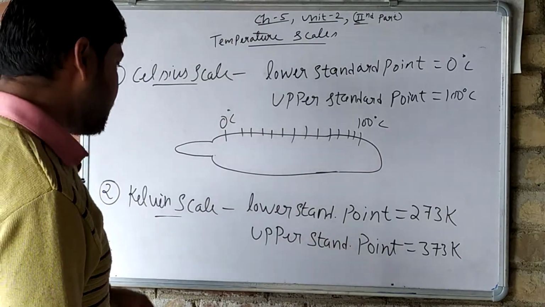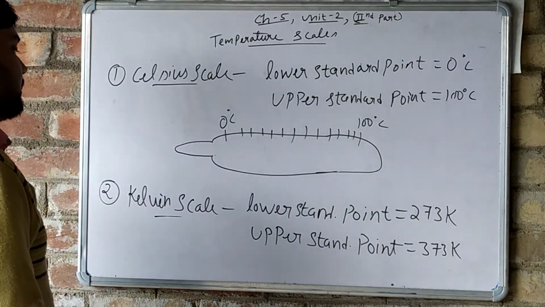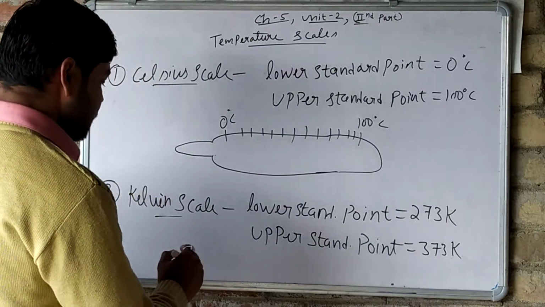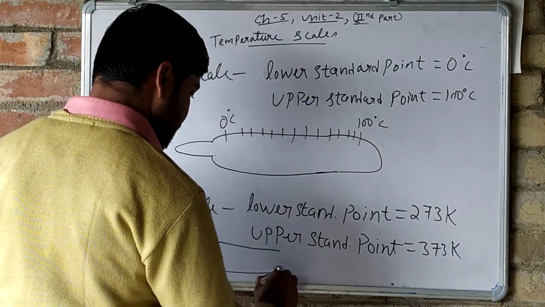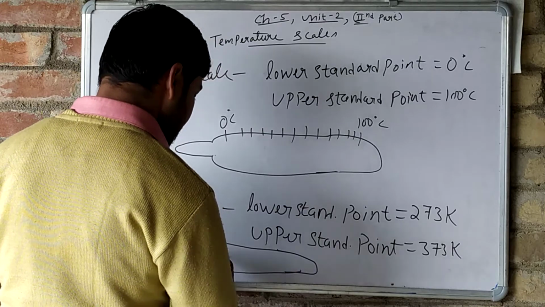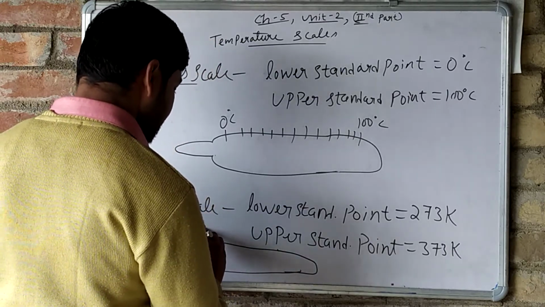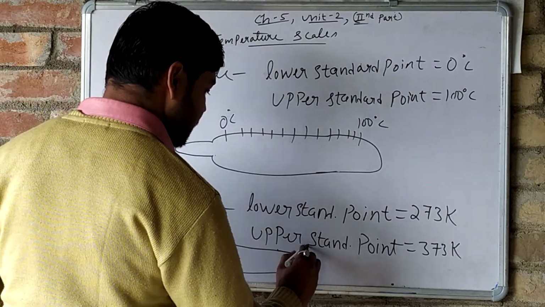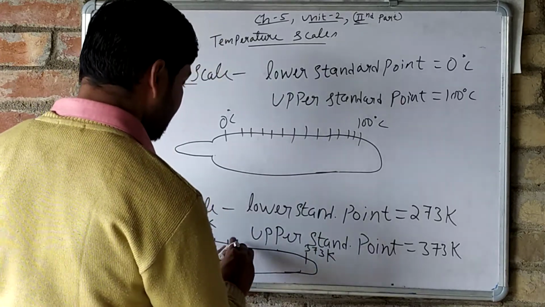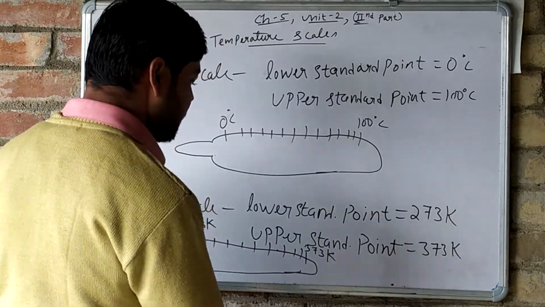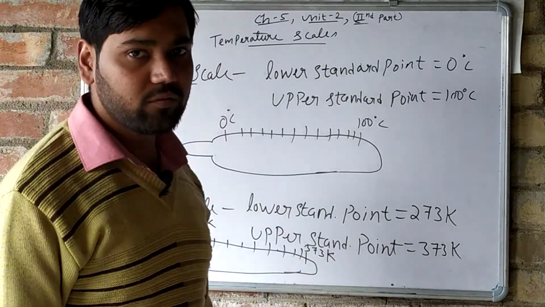Suppose this is the thermometer, then here we will have 273 Kelvin and here we will have 373 Kelvin, which is the upper standard point. The rest of the graduation is marked in between the lower and upper standard points.